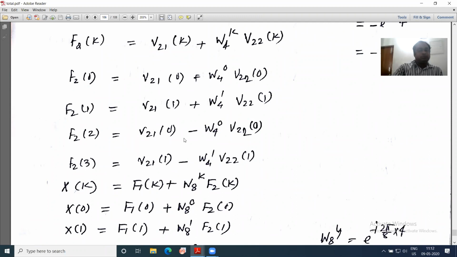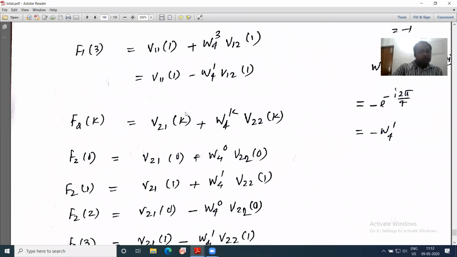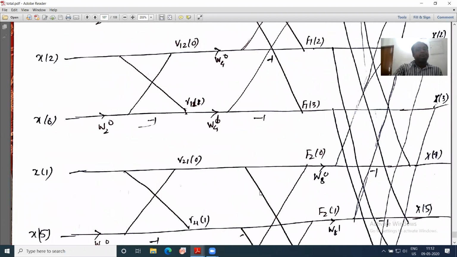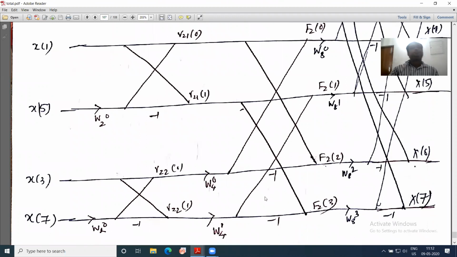The way we have computed f1 of 0, f1 of 1, f1 of 2 and f1 of 3, similarly we can compute f2 of 0, f2 of 1, f2 of 2, f2 of 3. Agreed? Yes, sir. Very good.